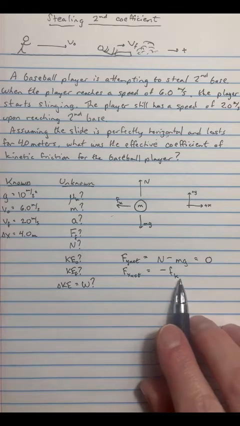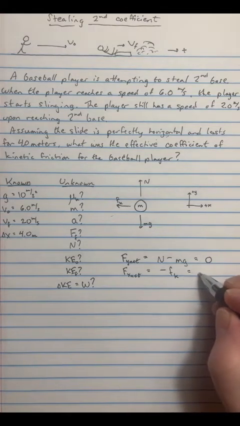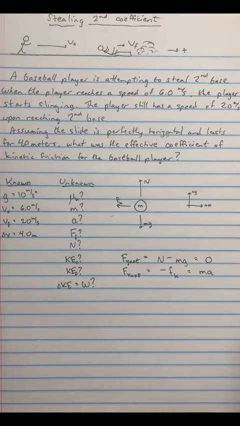Also, because there's only one force at play, that will be equal to mass times acceleration of our ball player, ma. Again, remember, the sum of forces, if there's only one force there, there's not much of a summation to do. That means, by definition, there must be a net acceleration, so you can't set that equal to 0.